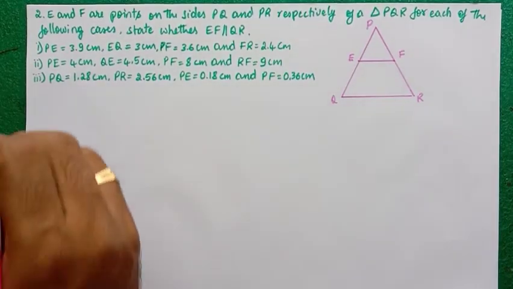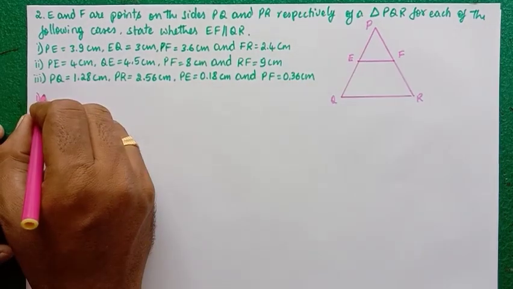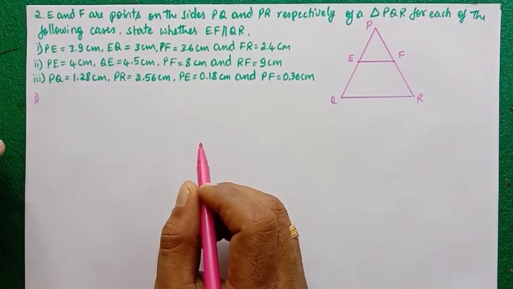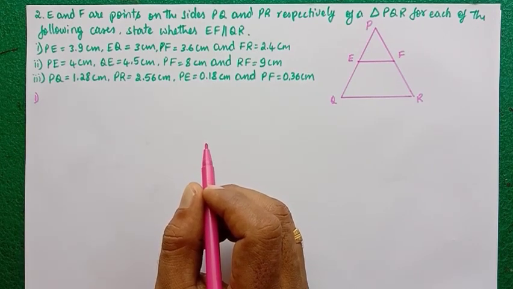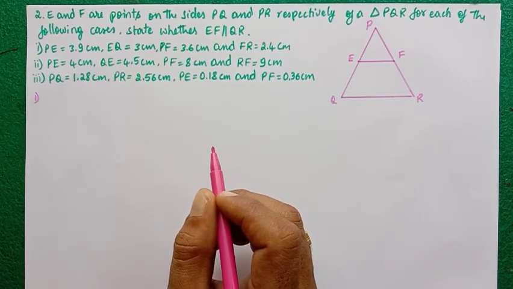So let me deal with the first case. As per the converse of the Thales theorem, if a line divides any two sides of a triangle in the same ratio, then the line is parallel to the third side.